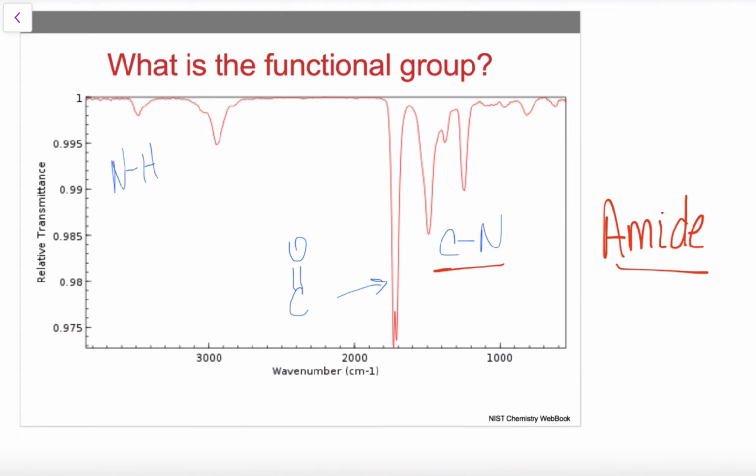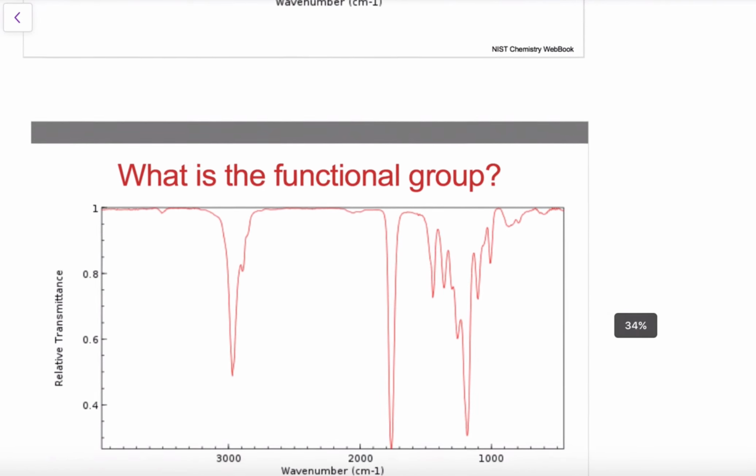Also, since we have a carbon-nitrogen bond, that's also going to be an amide. Again, the general structure for the amide would be the carbonyl attached to the nitrogen. Now, notice that you can't really predict the overall structure of the compound. That requires NMR spectroscopy. But we do know the functional group is an amide.